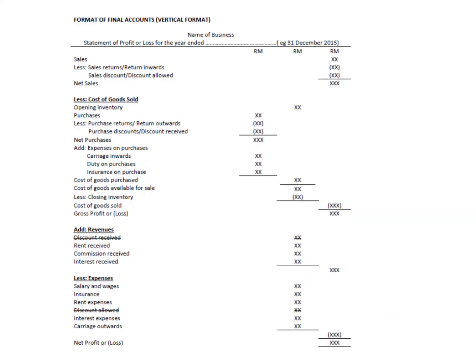Attached here is a sample of the statement of profit or loss, or income statement, which has been prepared at the end of the accounting period. So we start with the first section, that is to derive the net sales. What happens next is we need to match the amount of net sales with the amount of cost of goods sold to determine whether the business has gross profit or gross loss.